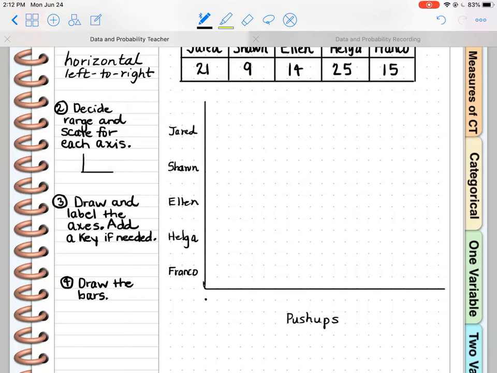So I'm going to count my dots from here to here and just see how many dots there are. So I'll draw them. 2, 3, 4, 5, 6, 7, 8, 9, 10, 11, 12, 13, 14, 15, 16, 17, 18, 19, 20, 21.